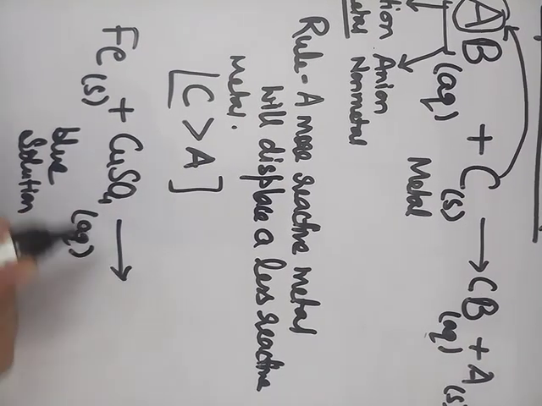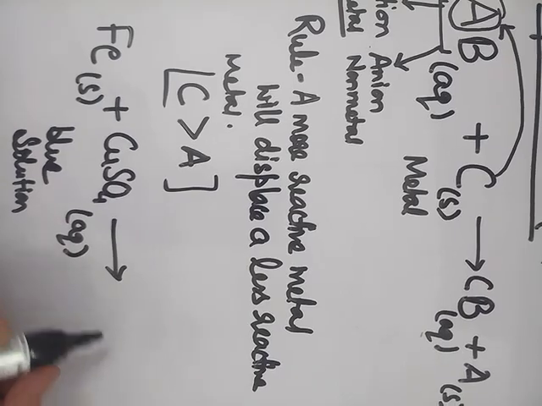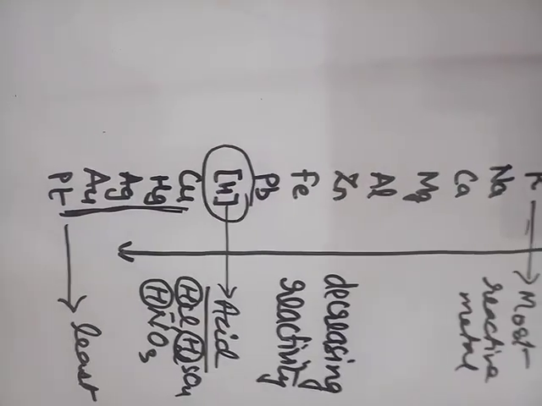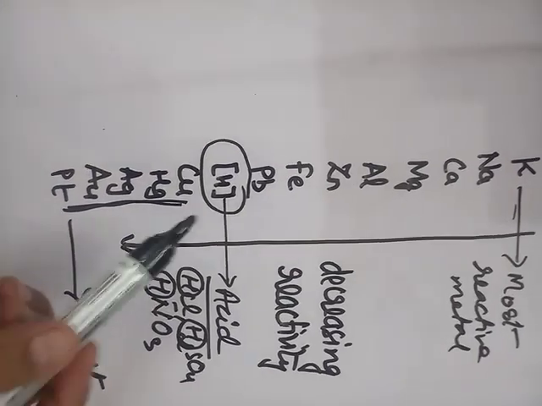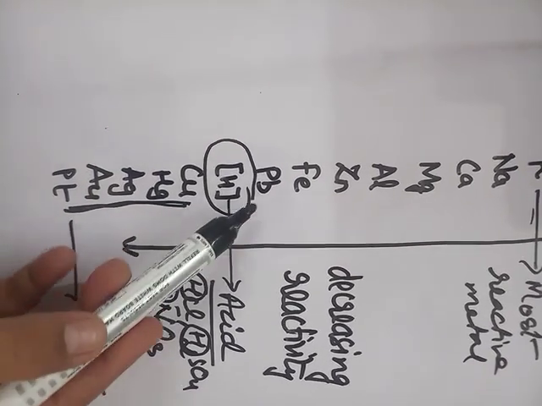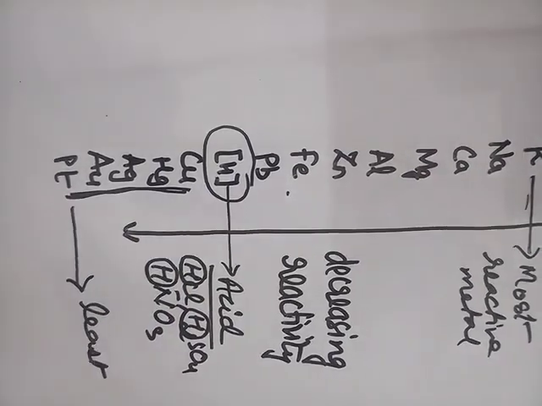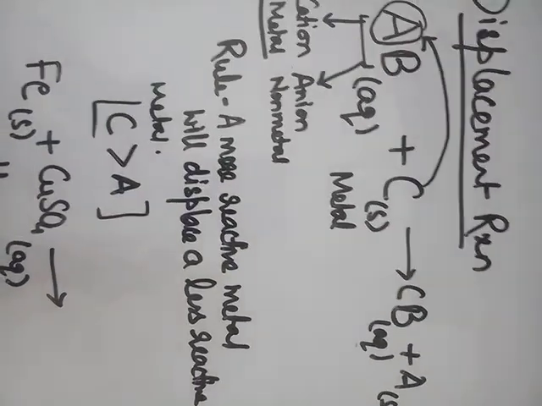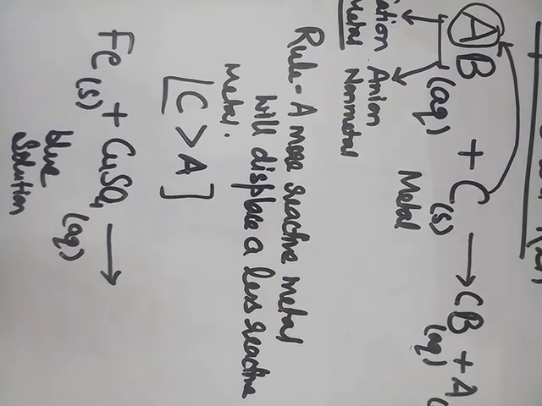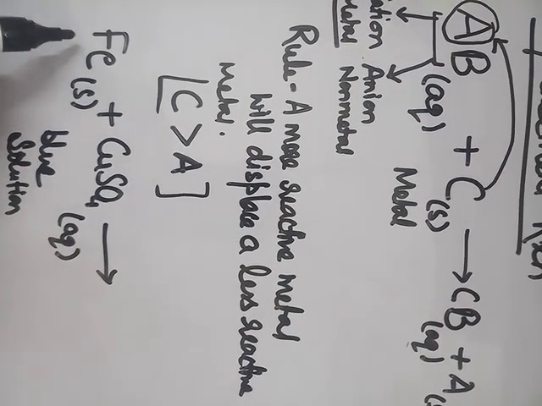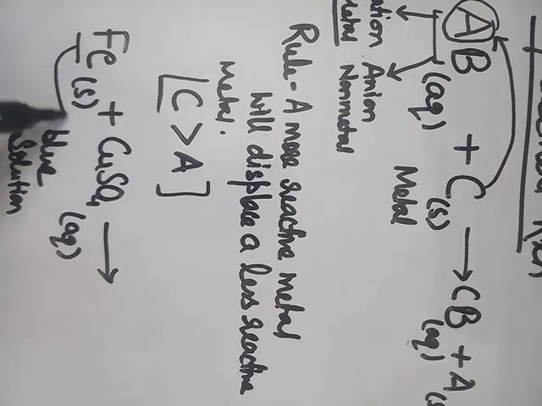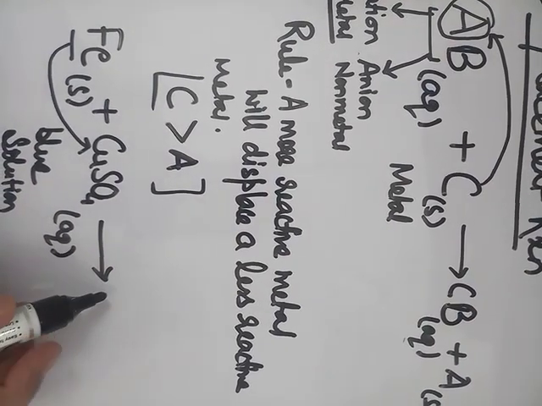So when iron is placed in copper sulfate solution, according to this series, we can see that copper is less reactive, iron is more reactive. So iron can displace copper from its solution. Hence iron is displacing copper.